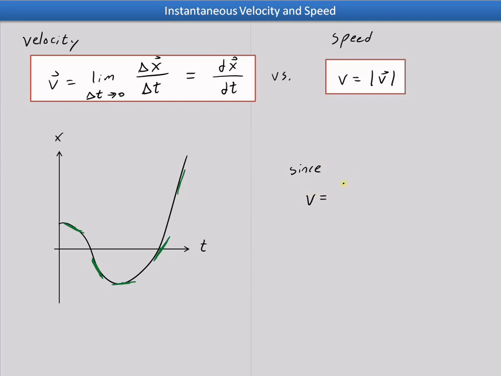Now something else I want to point out. Since velocity is the derivative of displacement with respect to time, and we're going to work in one dimension here, so I'm going to leave off the vector signs, we could rewrite this. We can say that dx is equal to velocity times dt. And what I've set up here basically is a solution to a differential equation. This is a differential equation, a very simple one, called a first order separable equation. Separable because I can separate these two terms to either side.